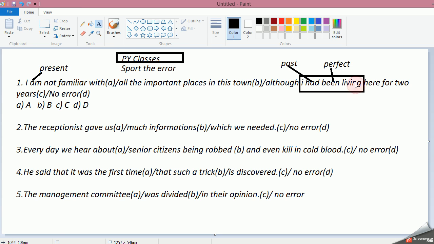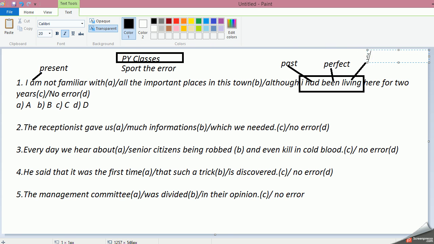And living is a verb, V4, meaning continuous. You can see the spelling of continuous; I think there is some mistake.